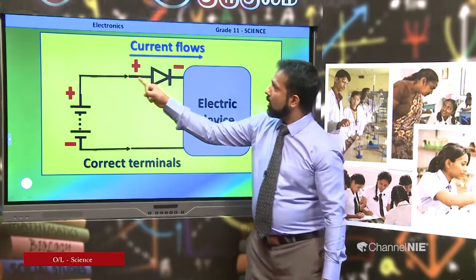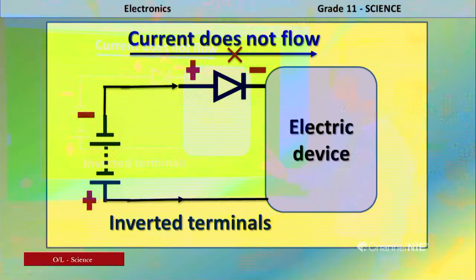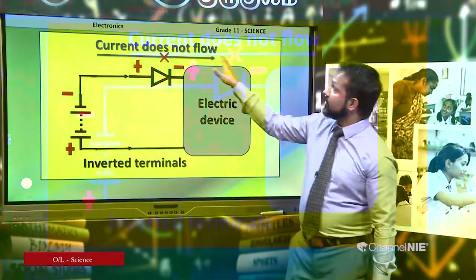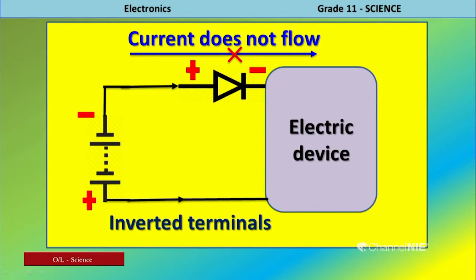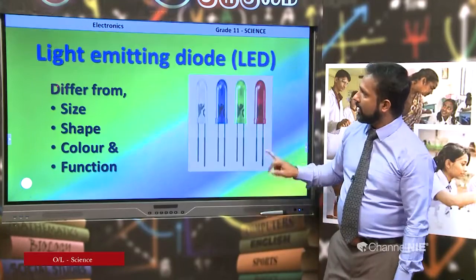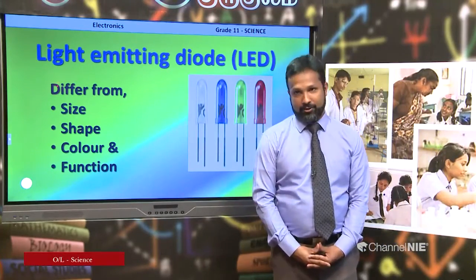Positive to positive current flows through that appliance may work, but negative to positive of the diode current does not flow, appliance may not work here. That means we can connect a diode in order to safeguard the safety of electric devices that we use in our day-to-day life. Right. So then let's focus our attention on light emitting diodes.